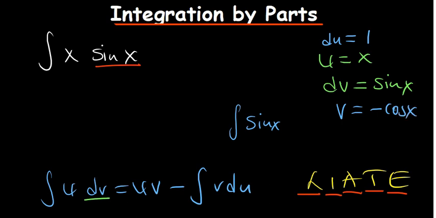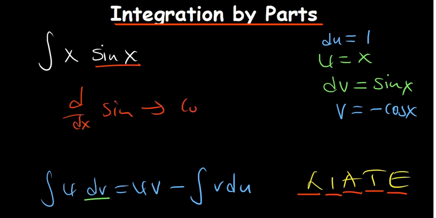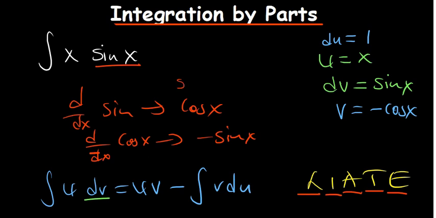I usually remember this because I know that the derivative of sine is cosine of x, and the derivative of cosine of x is negative sine of x. So the only way we can have a derivative being sine of x is when you have the derivative of negative cosine of x, because the positive gives us a negative.